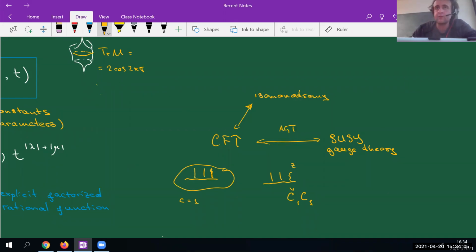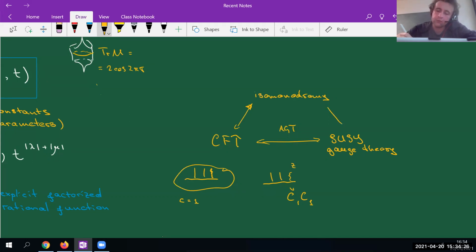And this is very non-trivial. But once you have done this, you have an explicit expression for conformal blocks, which you can use for isomonodromy.